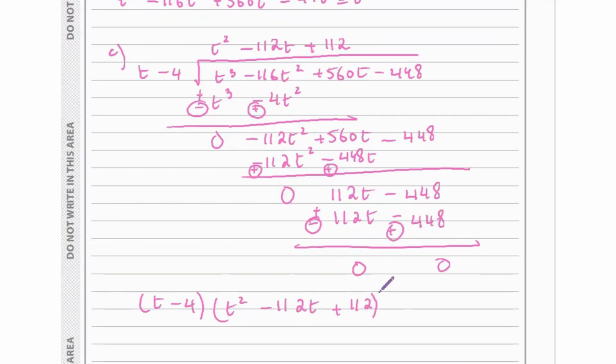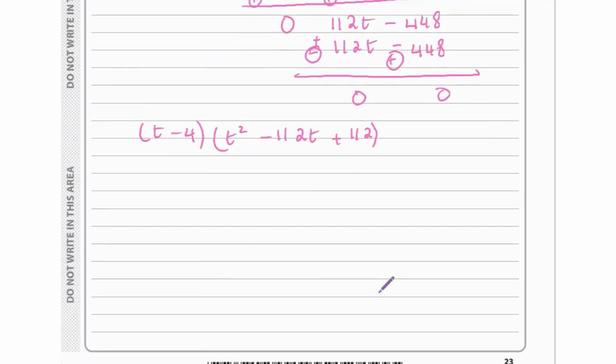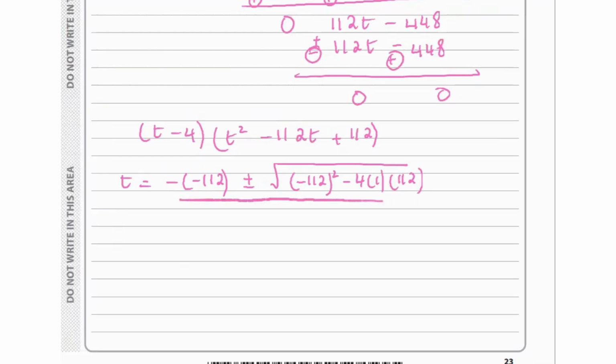Now I'm going to factorize this quadratic equation because they want all of the solutions. For this, I'm going to use the quadratic formula because the numbers are very big. So minus negative 112 plus or minus the root of negative 112 squared minus 4 times 1 times 112, divided by 2 times 1.